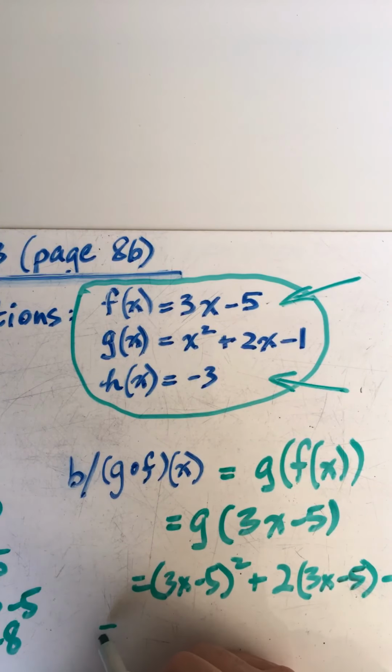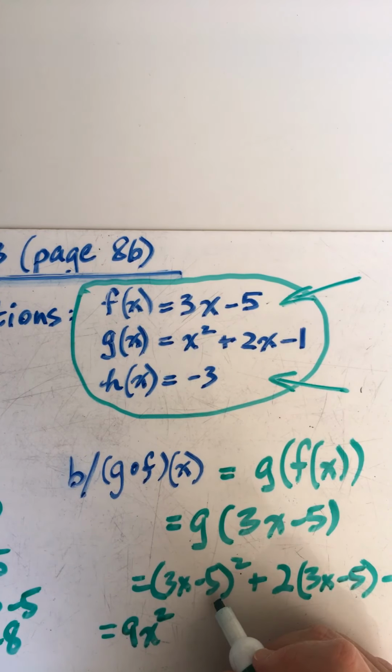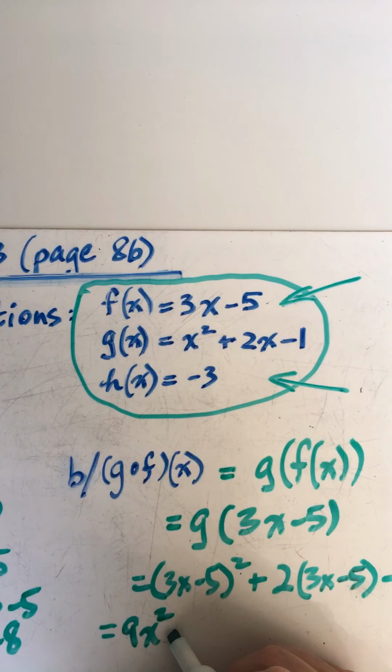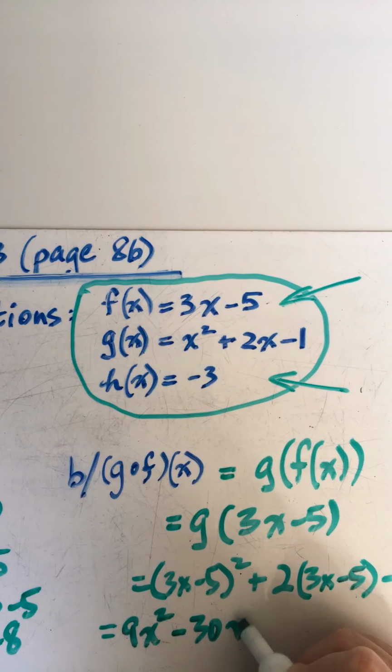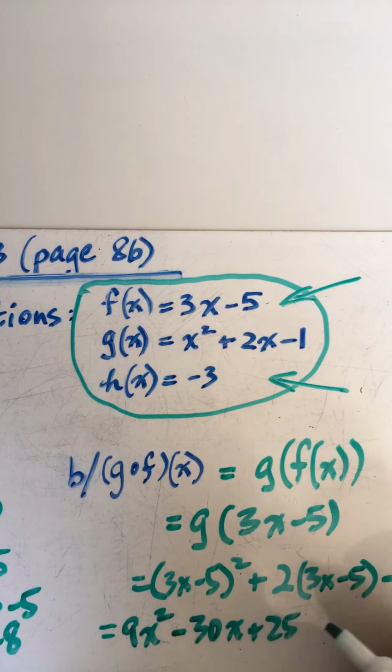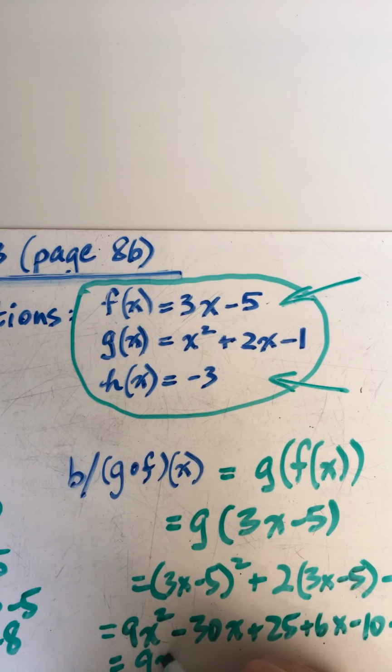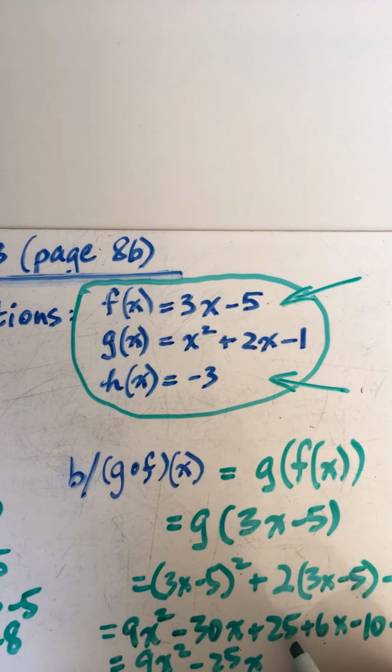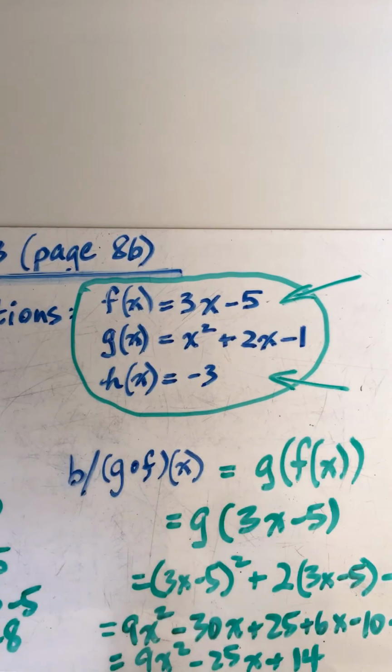There is a middle term there, so 9x squared minus 15x minus another 15x, so minus 30x plus 25. And here we get plus 6x minus 10 minus 1. Combine our like terms, so 9x squared, subtract 24x, and then plus 14. Okay, so that's that one.